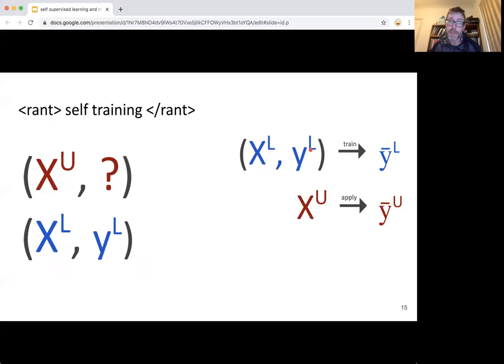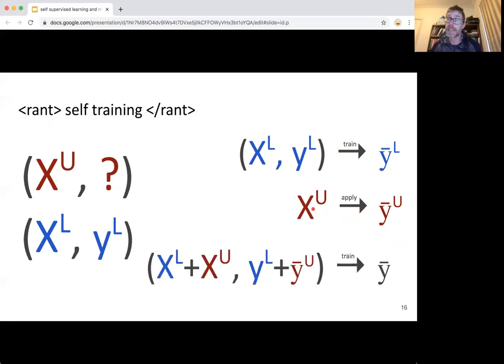Then we use this model that we've trained on the labeled data set to label, through some prediction, the unlabeled data set. What this gives us is effectively a form of labeling of these unlabeled data sets that we can union together with our labeled data set to retrain on. Now, this at first glance seems a bit strange.